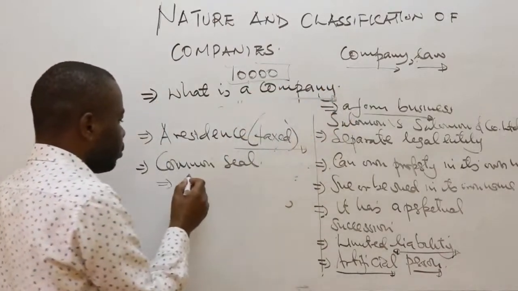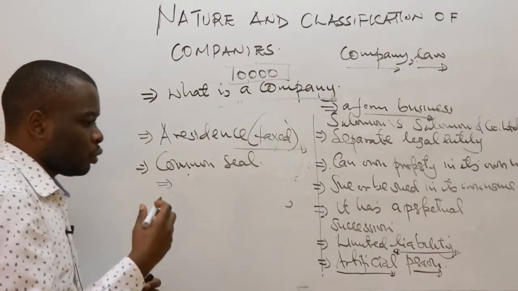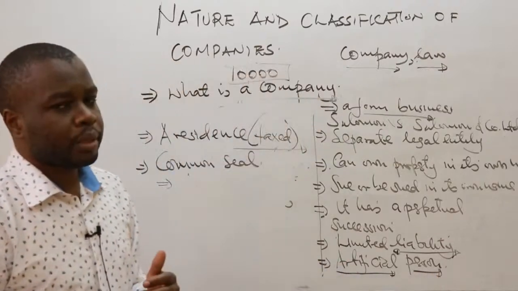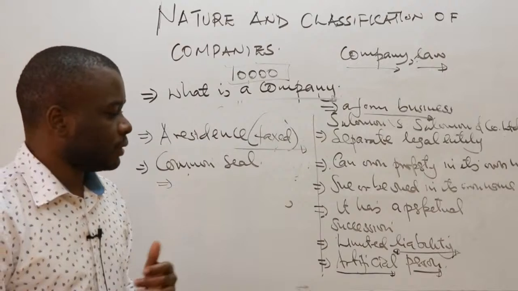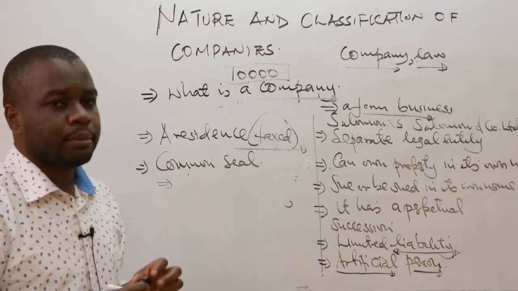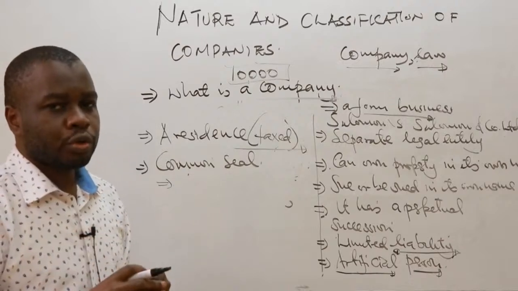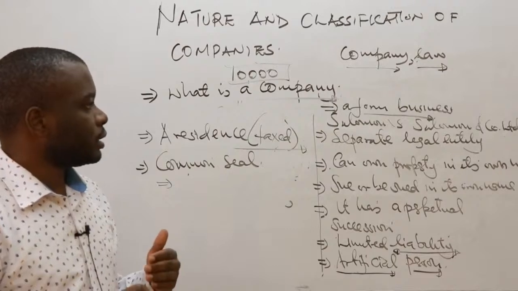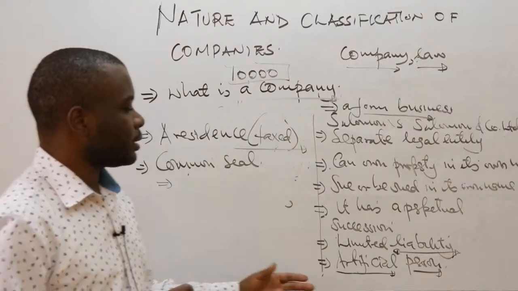This is very important because the company is an artificial person; it cannot sign documents by itself because it is a man-made person. It's not like a natural person who is able to sign his own documents using his unique signature. So the company does not have a signature.